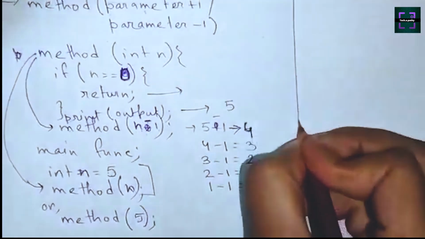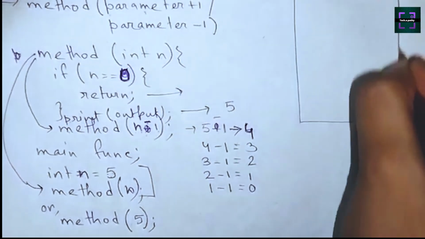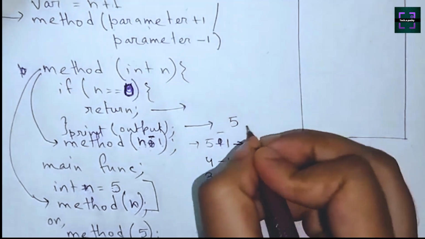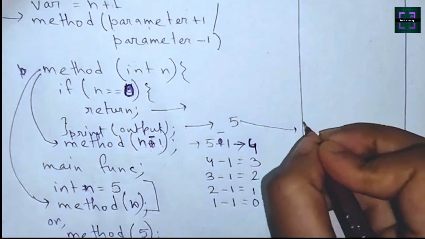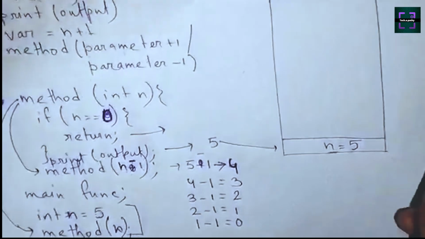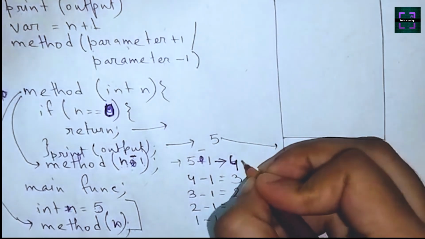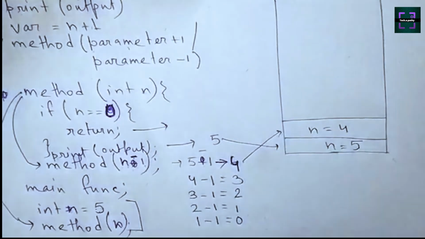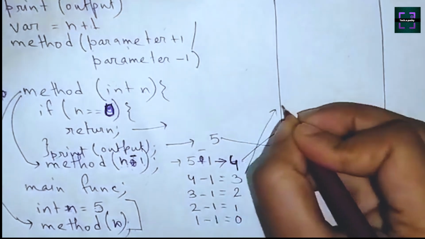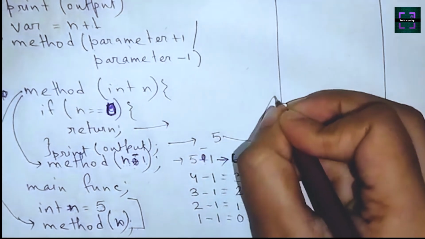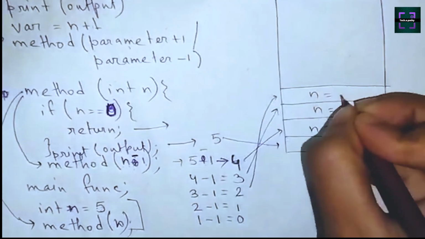In this case, if this is our stack, first it will go inside here. Here n equals 5. Then it will go just on top of it. So here n equals 4. Then it will go like this, and n equals 3.